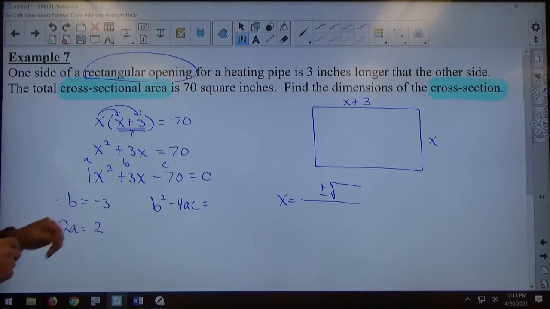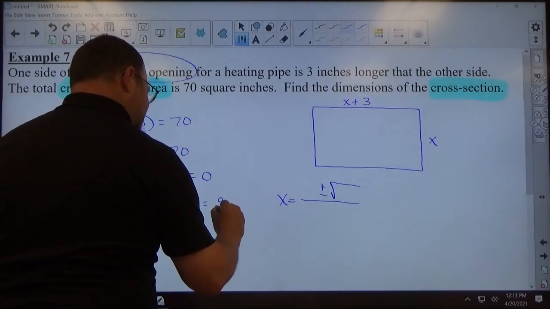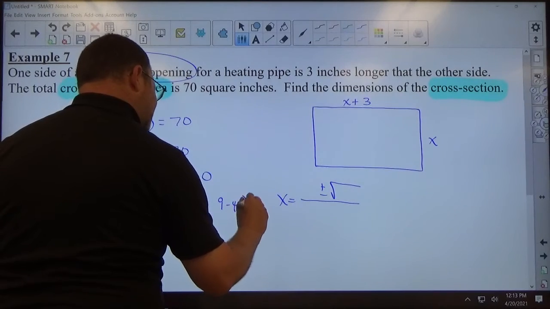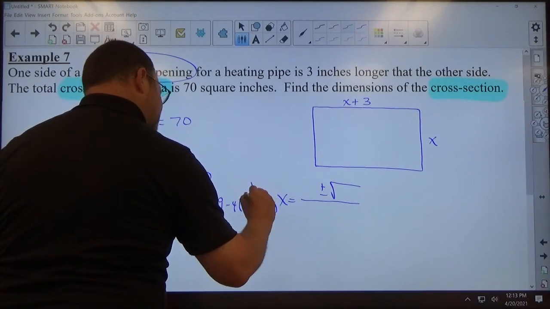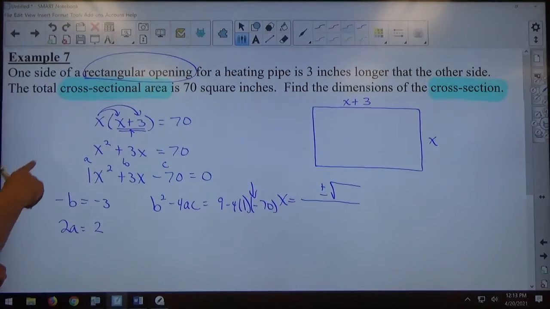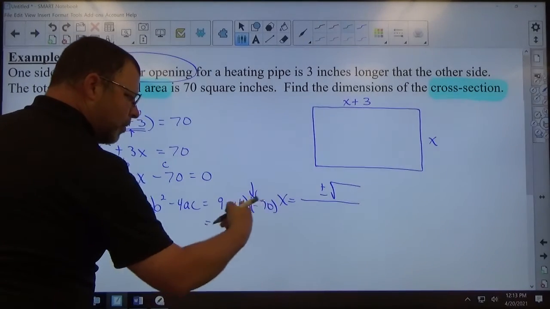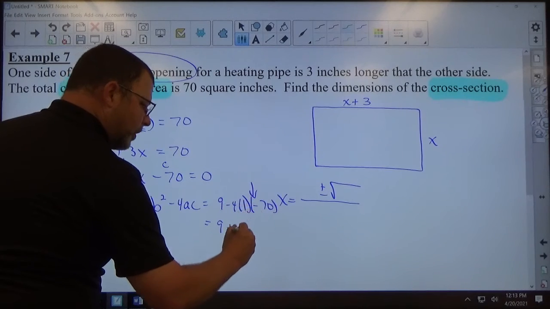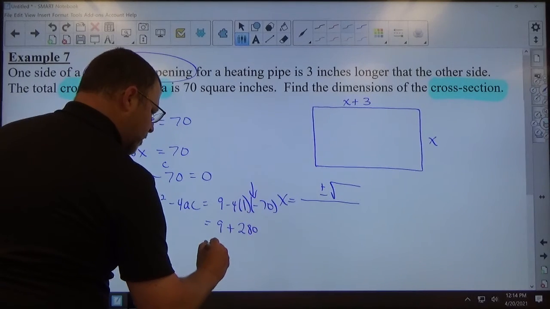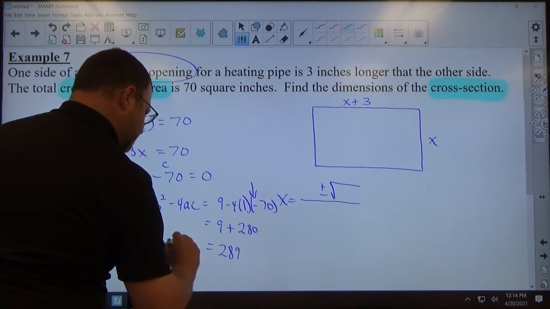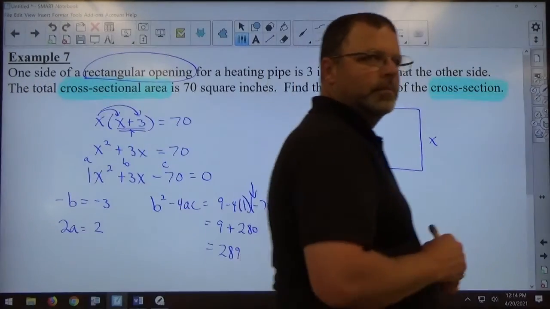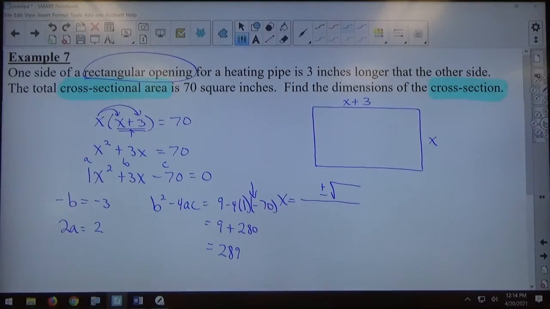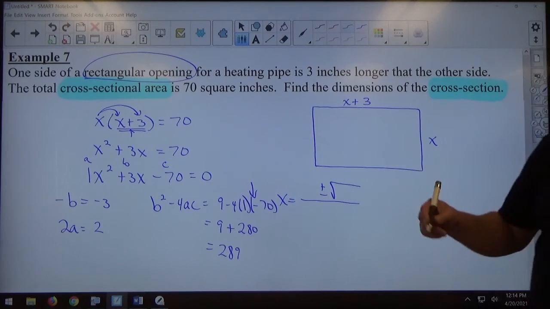B squared minus 4ac: b squared is 3 squared, which is 9, minus 4 times 1 times negative 70. This is negative 70, so when I multiply, minus minus makes plus. 4 times 1 times 70 is 280, which gives 289. So again, evaluate those three things to put them into the structure.